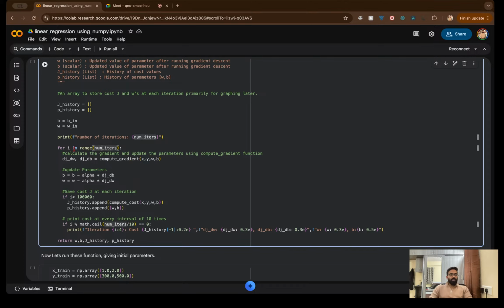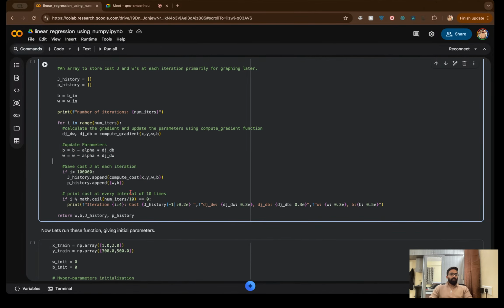So here, if you can see, I'm looping through the iterations. Here I'm getting the gradient, let's say on the first iteration. Here I'm initializing the values of w in and b in, okay? And here I am updating the parameters simultaneously. Now here I am saving the cost J function in J history, just to keep the cost, right? Here I am using the cost function.